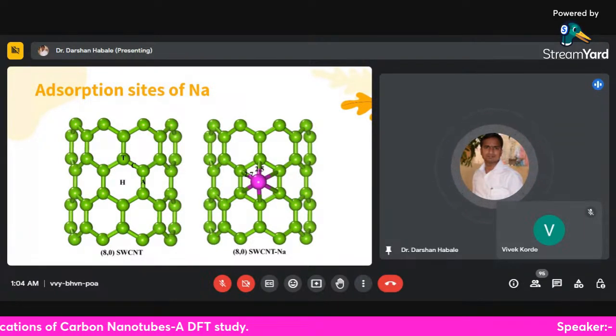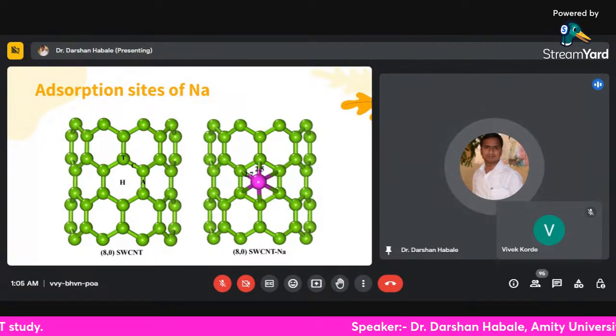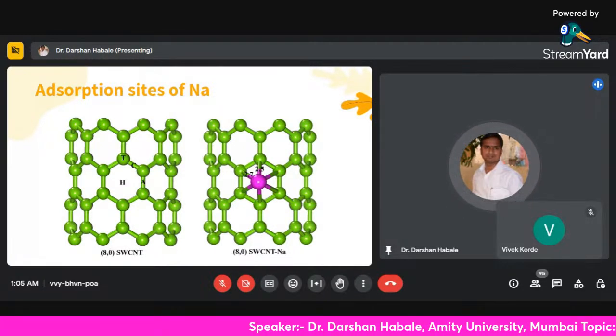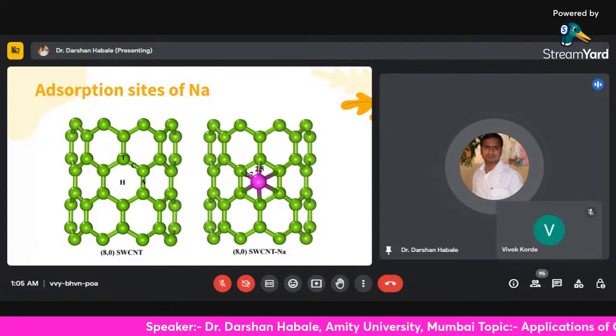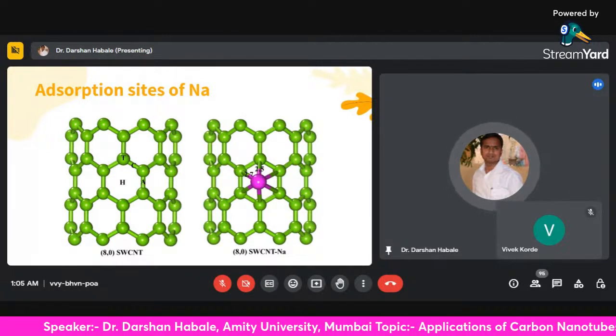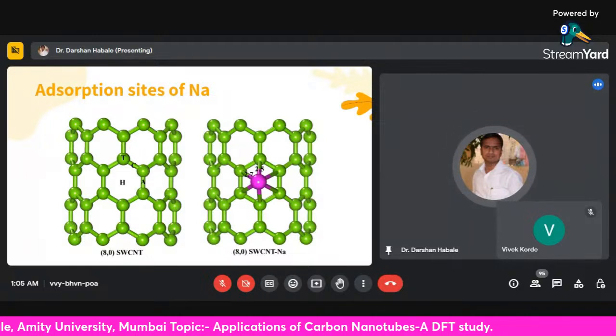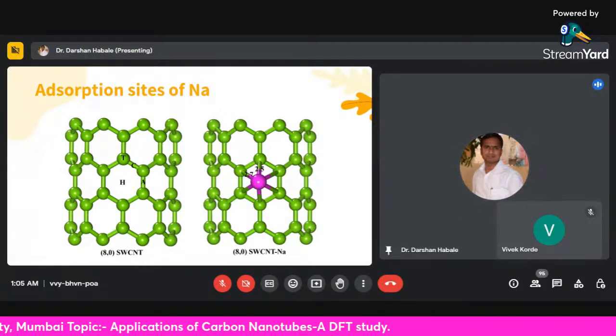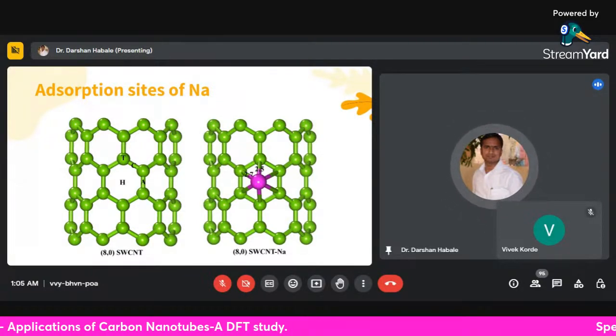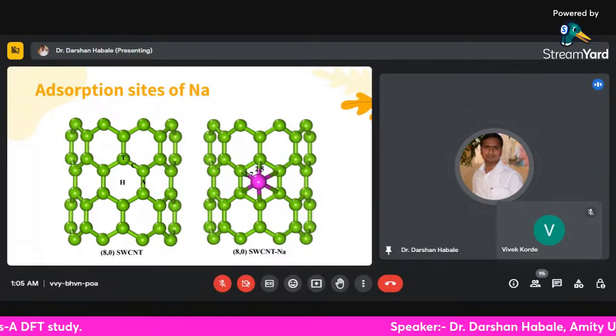Okay, so let me tell you about geometry optimization. This study we have done on the software called Material Studio, and we have used CASTEP to run the program. Material Studio, Quantum Espresso, Wien2k or Gaussian are the different codes available which run on the basis of density functional theory.